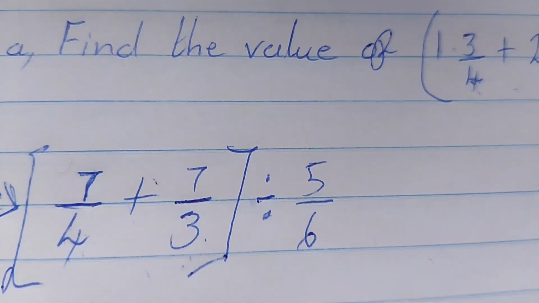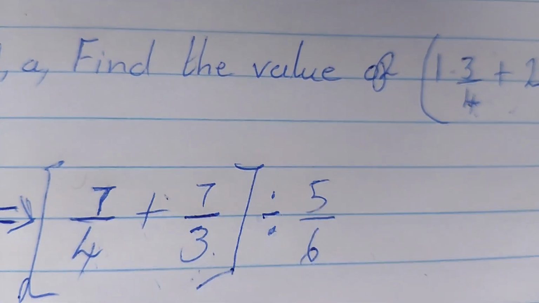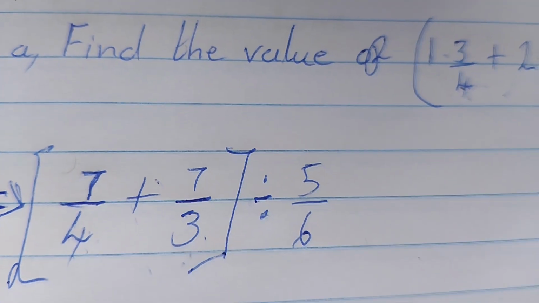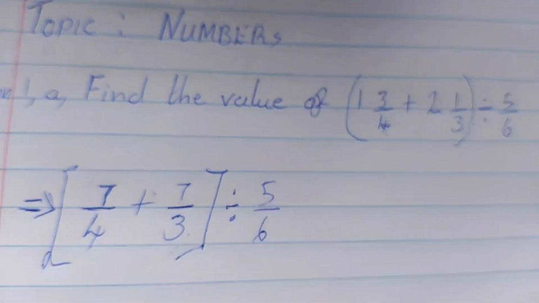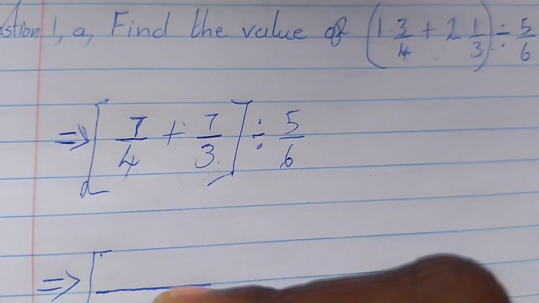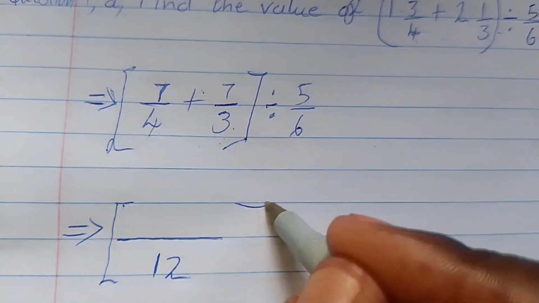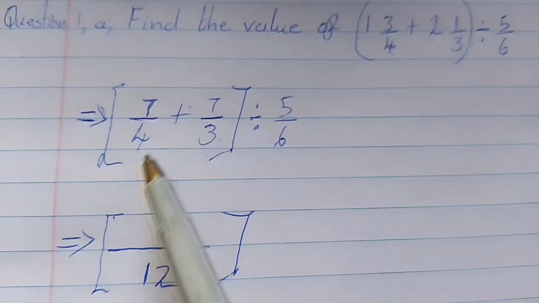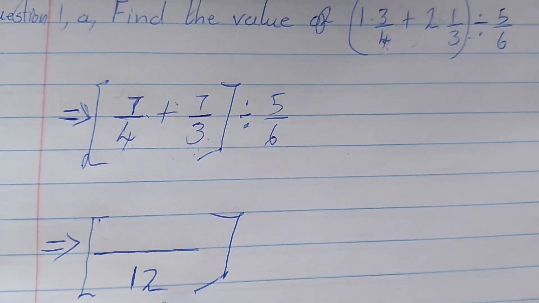We'll give them the same denominator first. So what is the common denominator of 4 and 3? Obviously we know 4 times 3 is equal to 12. So we put 12 here. Close our bracket here. Then 4 into 12, that's 3.